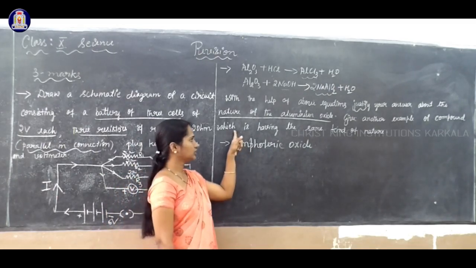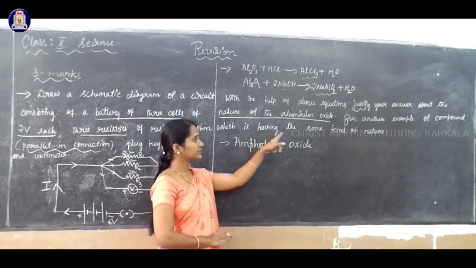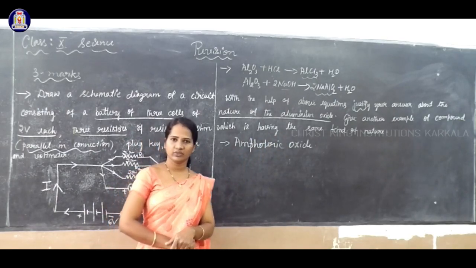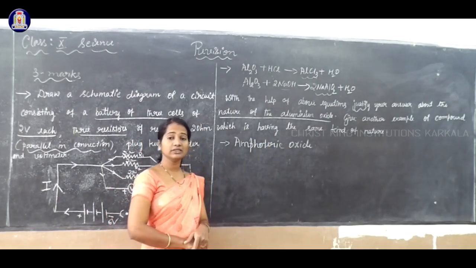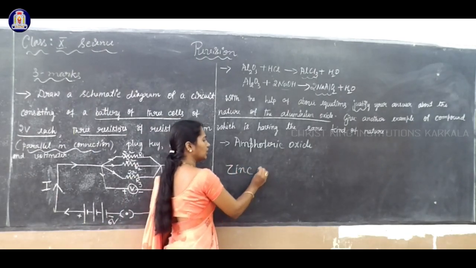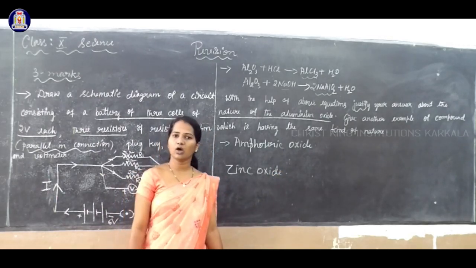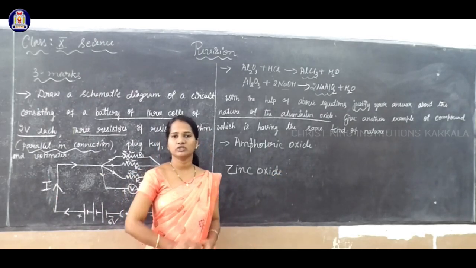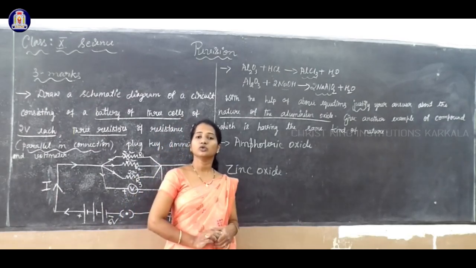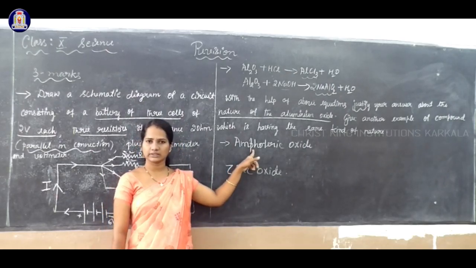Next, one more question. Give another example of a compound which shows the same kind of nature. One more example is zinc oxide, which also shows amphoteric nature. A metal oxide which reacts with both acid and base to give salt and water is called an amphoteric oxide.